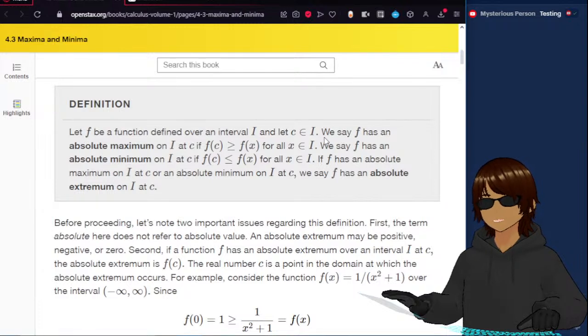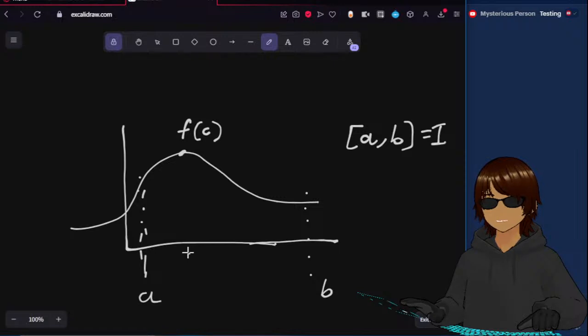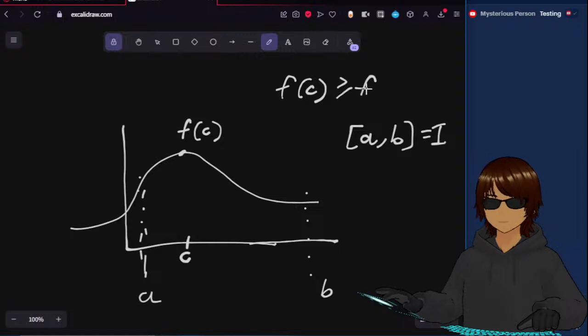We say f has an absolute maximum on I if f of c is greater than or equal to f of x for all x within I. Yeah. So this point over here, let's say c, it's an absolute maximum because f of c is greater than or equal to all values of x, which is just between this.